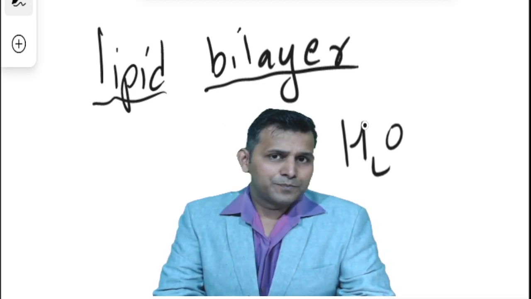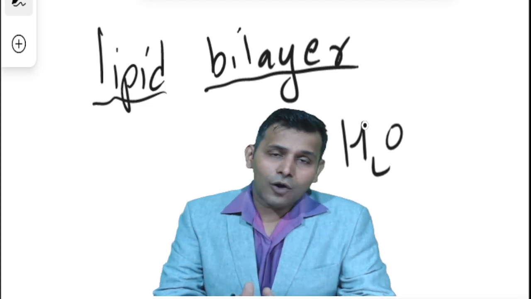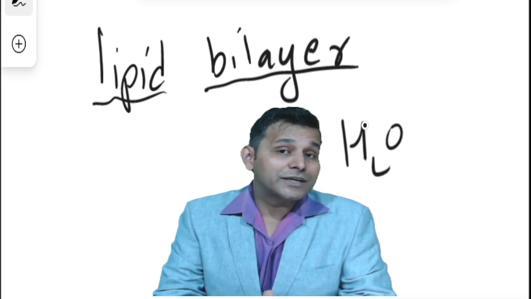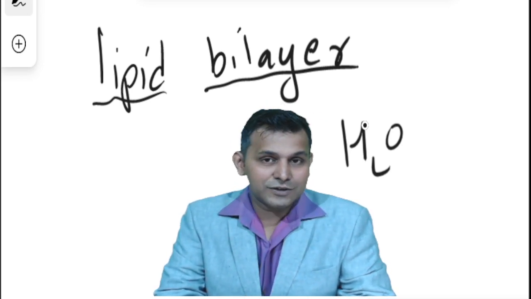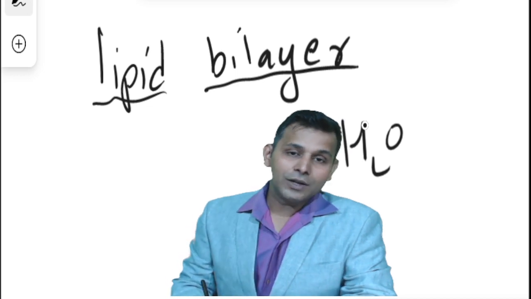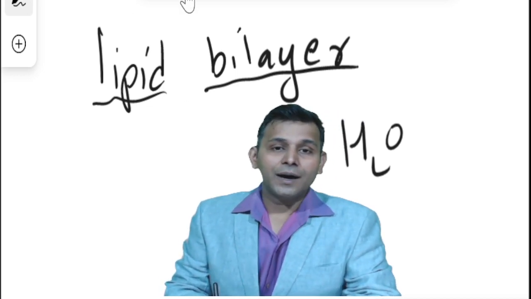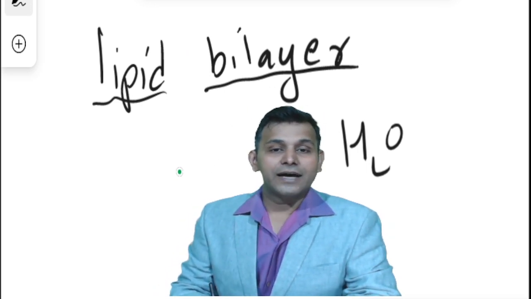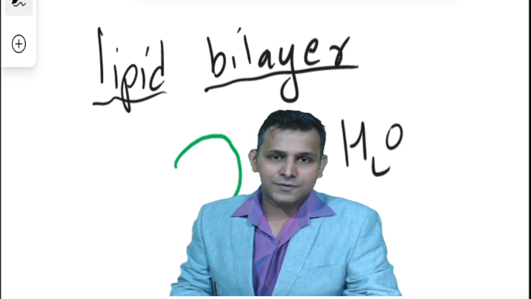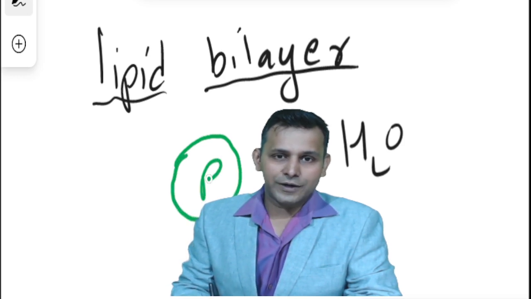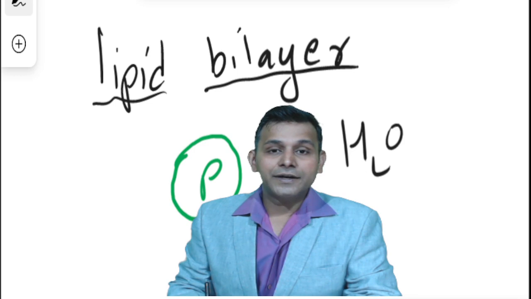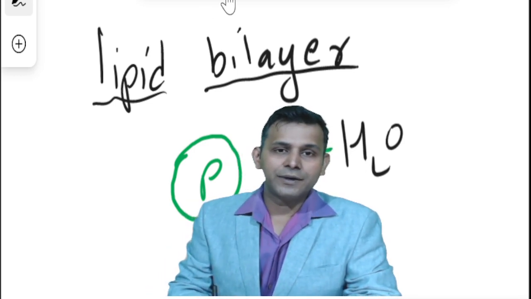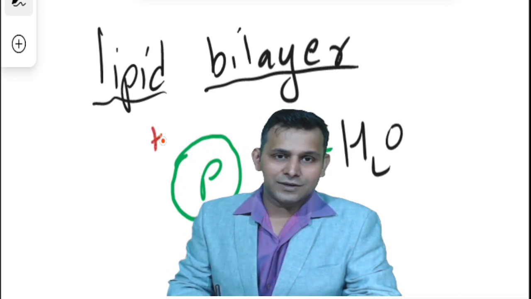For the cell to have all the substances, water is the best medium. Why? Because water is a universal solvent. So the molecule in the cell membrane has to be a molecule which is water loving. That's why the cell membrane has adopted a molecule called phosphate. A phosphate is a hydrophilic molecule which loves water. So whenever water comes around the cell membrane, it can stay near the cell membrane.